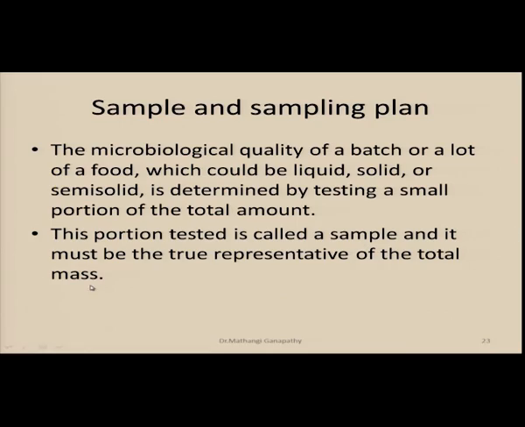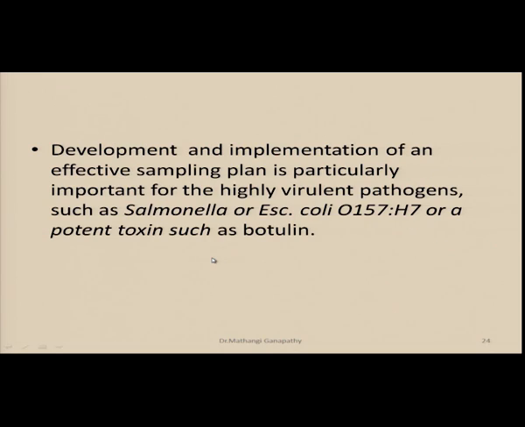Whether it is a liquid, solid or semi-solid food, what you take, the 1 gram or 100 ml, is going to be a sample. The values you observe from this sample are then going to be applied to the whole lot. This portion, called a sample, must be a true representative of the total mass.